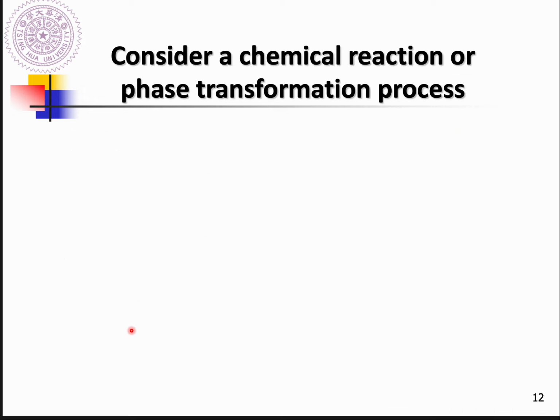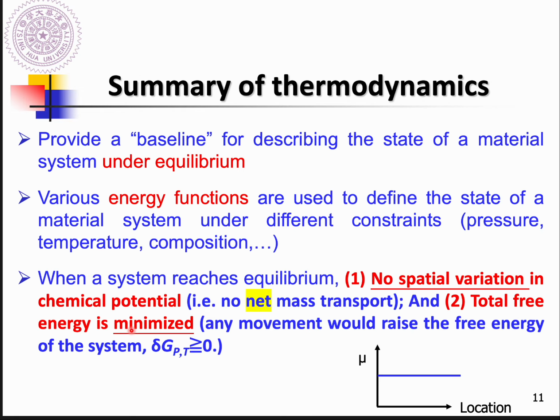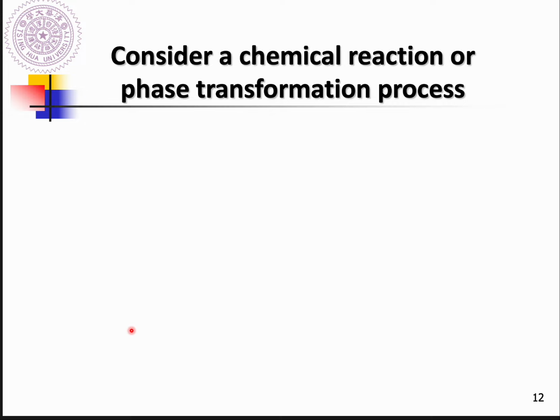So next, I'm going to give you examples, because in the previous part we put more effort on the difference between thermodynamics and kinetics. Here I'm going to take a chemical reaction or phase transformation process as an example to tell you why thermodynamics and kinetics are so important.